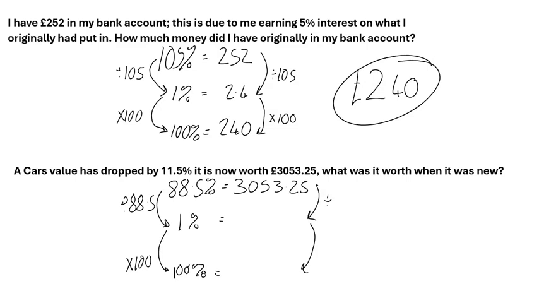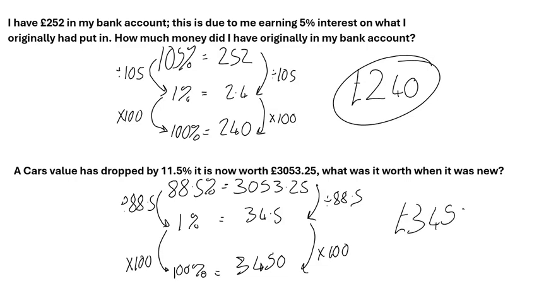So if I do that amount divided by 88.5, I'm going to get 34.5. I'm then going to times it by 100, and I get 3,450. So the original amount for the car was £3,450.